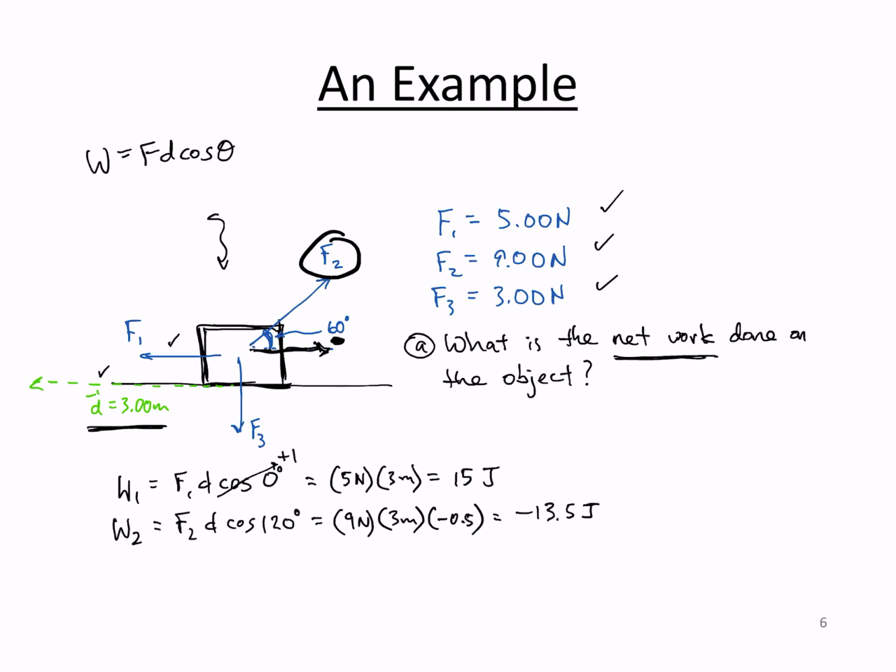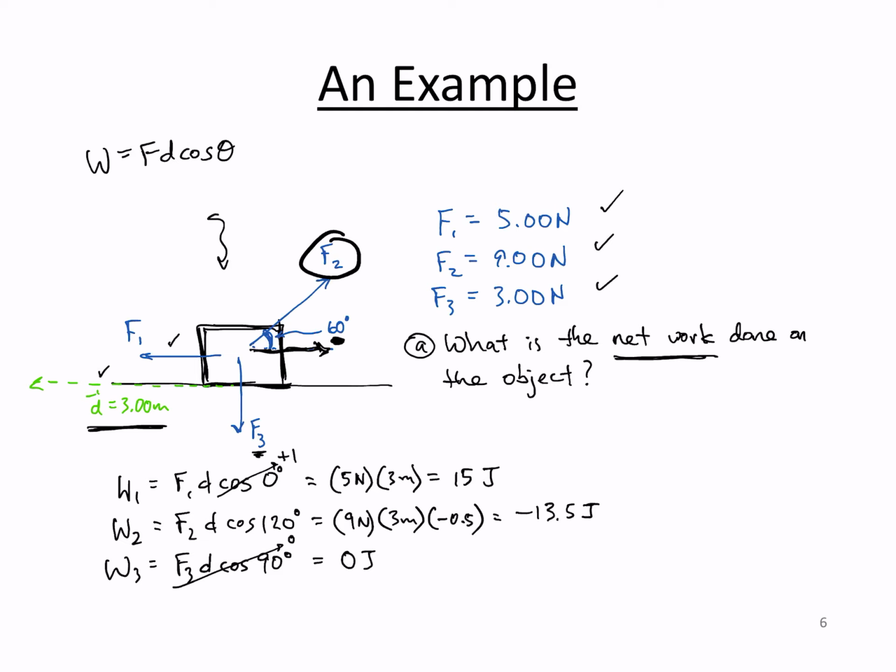The component of F that we are looking at, the part that's along the axis of the displacement, in this case opposes it, so we would expect it to slow this thing down if it was the only force acting. And lastly, we've got W3, and we can write out the equation for completeness' sake, but the cosine of what angle? The angle between d and F3 is this one right here, so this is going to be 90 degrees. This whole thing then cancels to 0. Okay, 0 joules of work done.